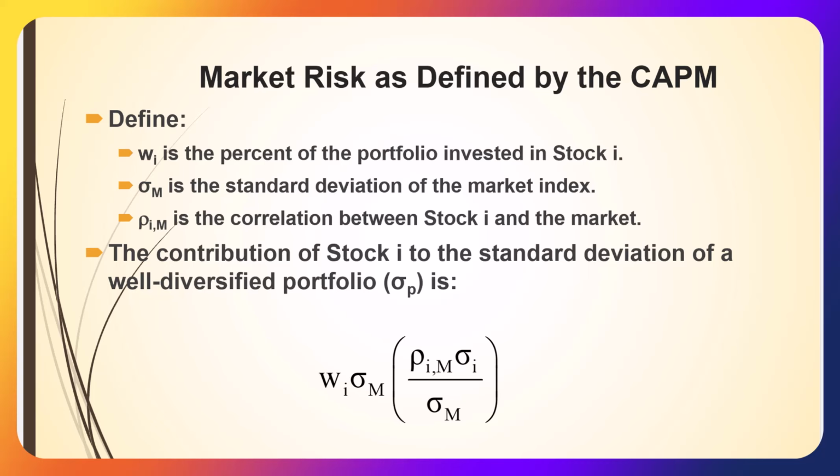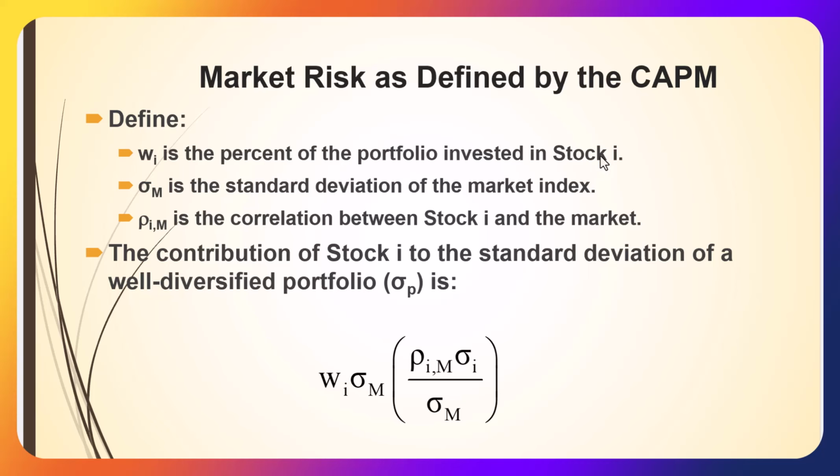This formula measures the amount of risk an asset brings to a portfolio. So W represents the percentage of that portfolio that's invested in stock I. The standard deviation, subscript M here, that's the standard deviation of the stock market.